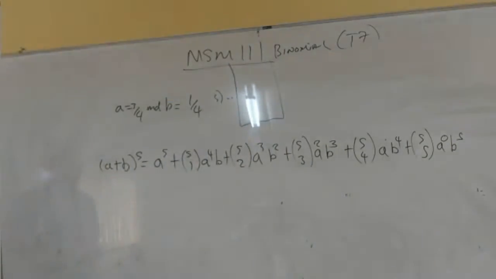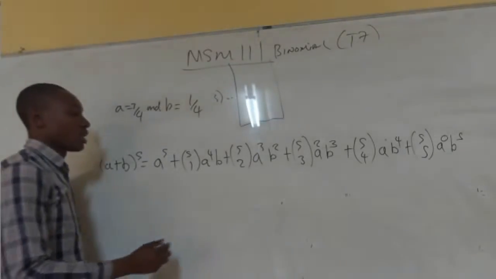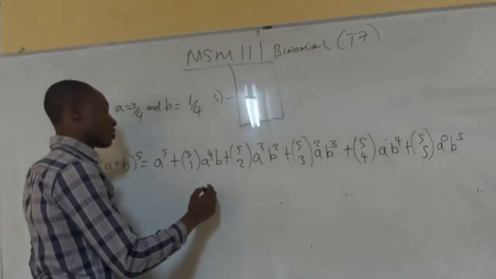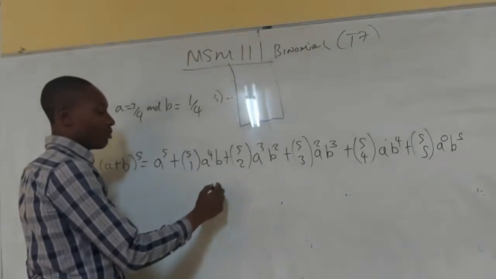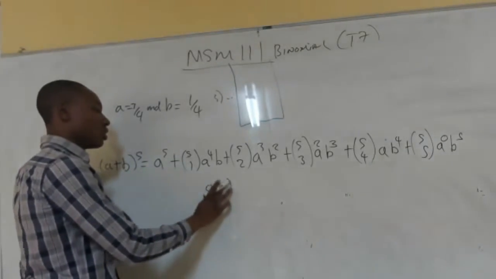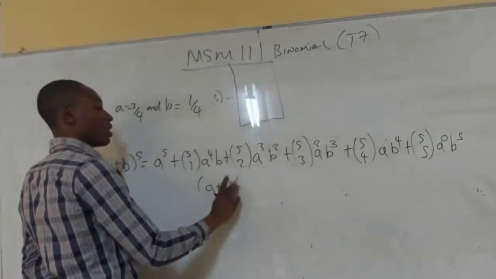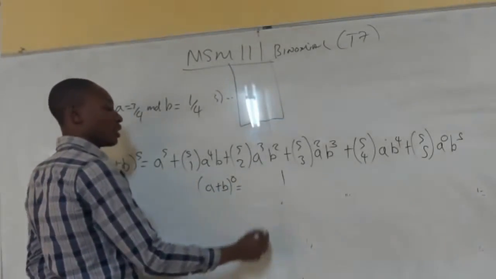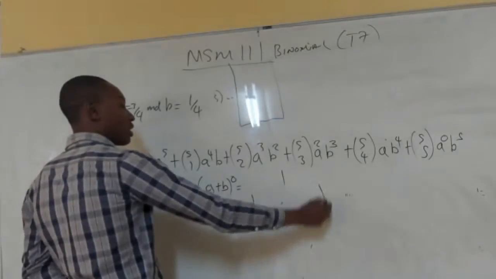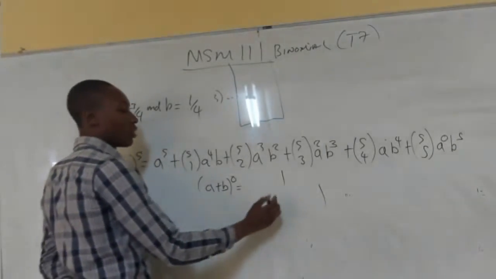Right. So we can use Pascal's triangle. Pascal's triangle tells us we have a plus b to the power 0. This is simply 1, right? So these that I'm writing here, I'm using Pascal's triangle.